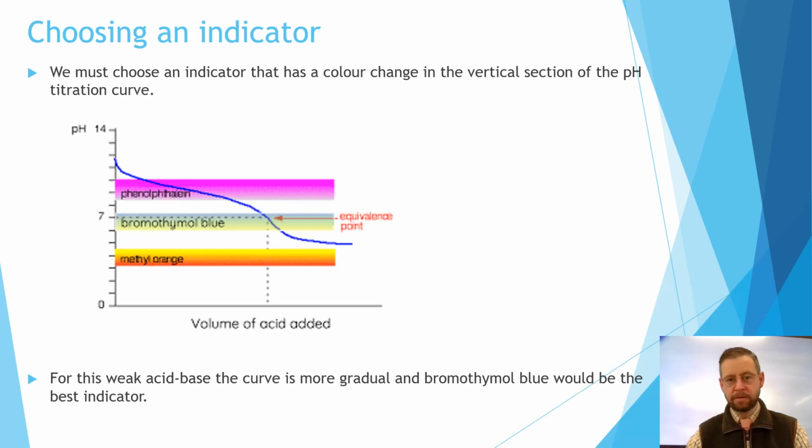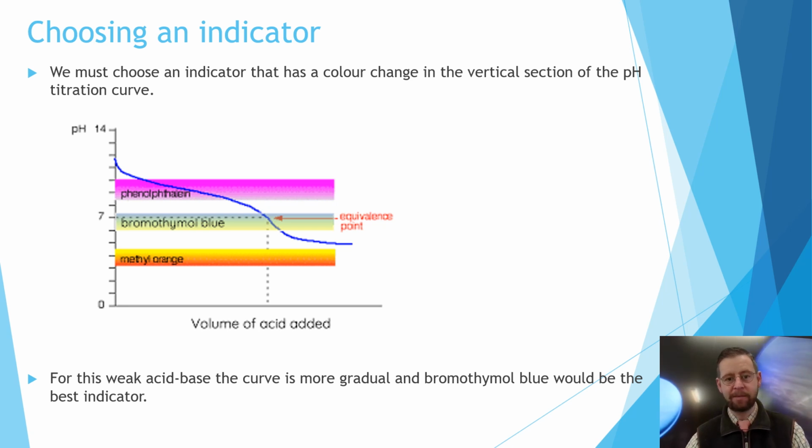So what those four graphs showed us was that the vertical section, or the equivalence point, could exist at different pHs. We don't always get neutralization at 7. We could get the neutralization of a strong acid and a weak base at a lower pH. It would be skewed downwards.